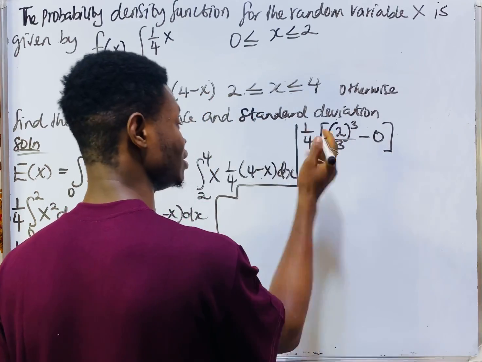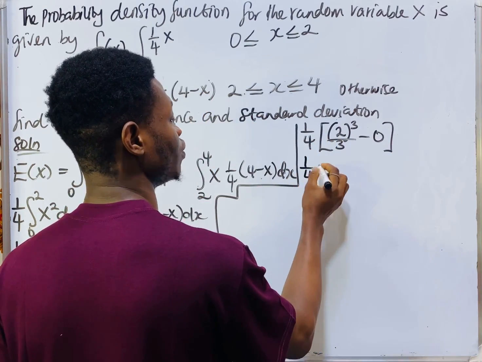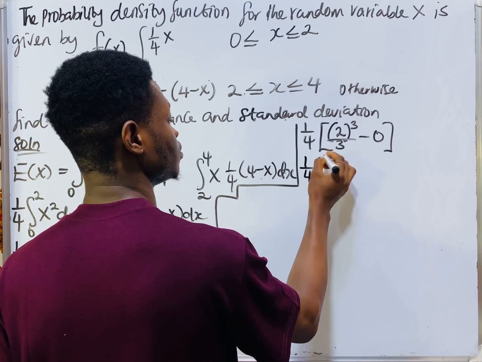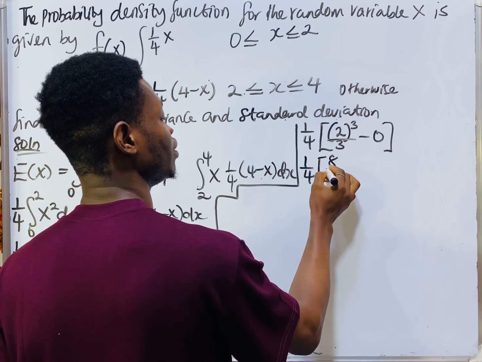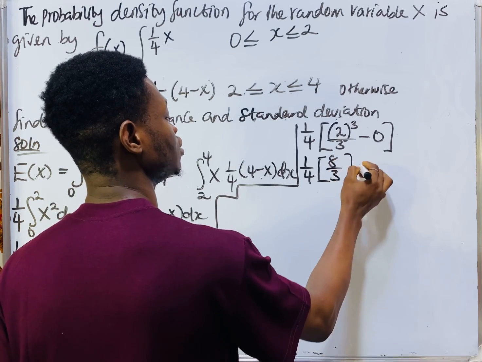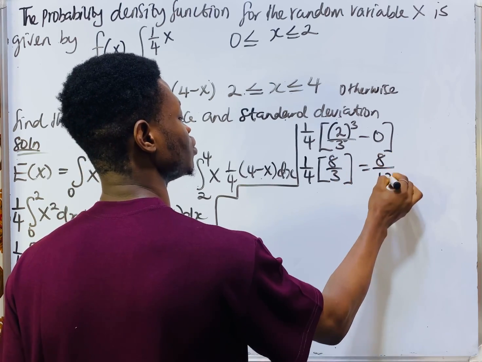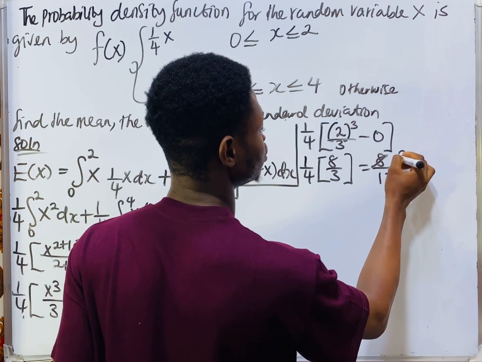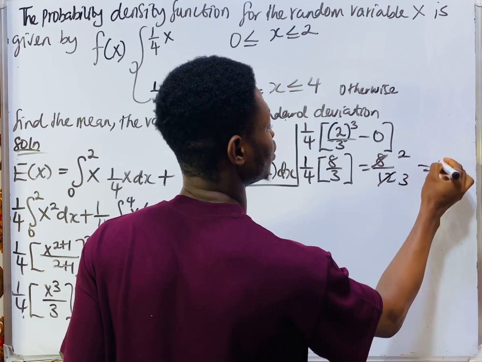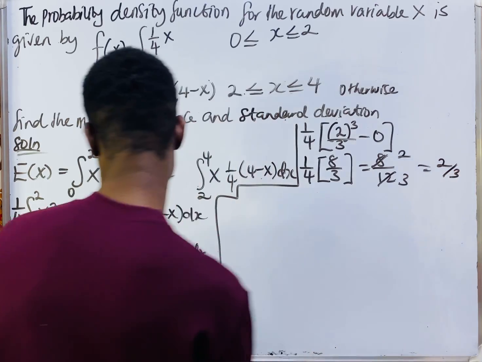Okay, let's simplify this one first. So we have 1 over 4 times 2 to the power of 3, which is 8. We have 8 over 3, right? Which is equal to 8 over 12, which is 4 here, 2, 4 here, 3. We have 2 over 3 for this one, right?